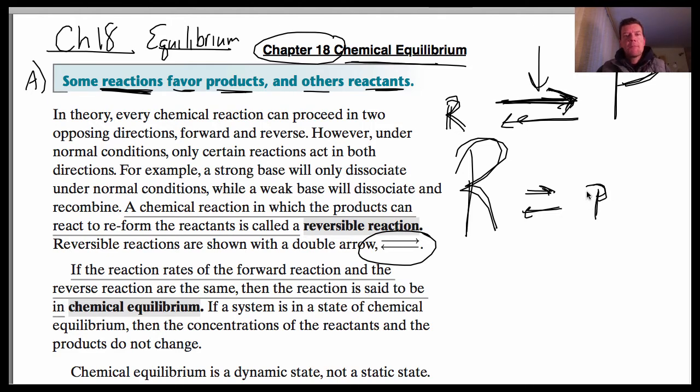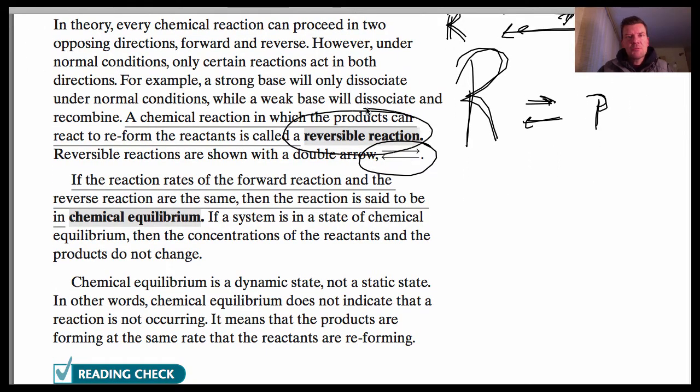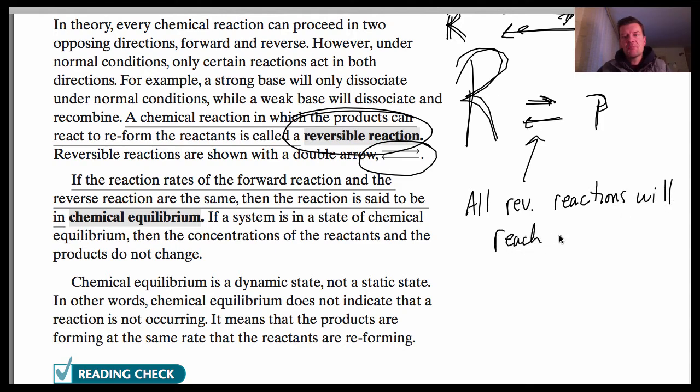Okay? So here's what I want you to know. We're going to be looking at reversible reactions, reactions that can occur both directions. Reactants can turn into products, products can turn back into reactants. And all reversible reactions, this is crucial, all reversible reactions will reach equilibrium.